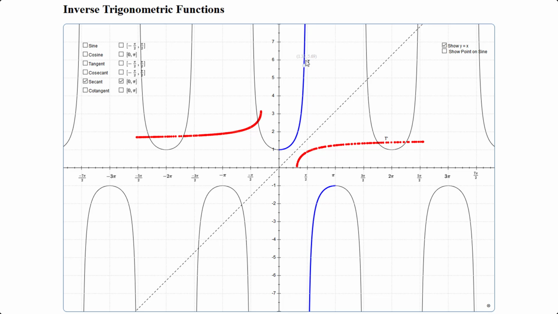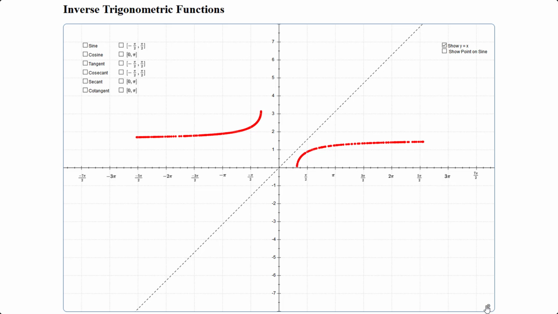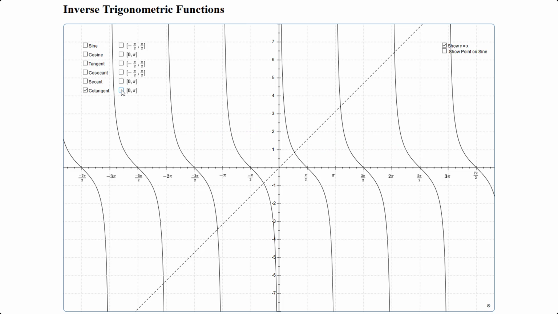This graph right here. For cotangent, of course it's similar to tangent, just a different restriction. And that's what it looks like here. Basically just like tangent, but notice how the arccotangent is entirely positive. It's above the x-axis at every single point.